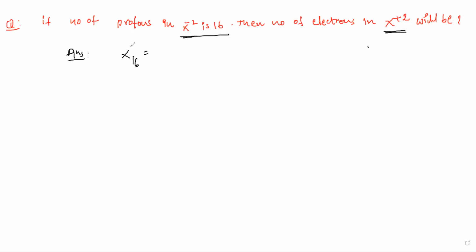So X plus 2 is actually a neutral atom where the number of protons equals electrons. But here X plus 2 means it loses 2 electrons. So that means it has only 14 electrons. Okay, now, 14.